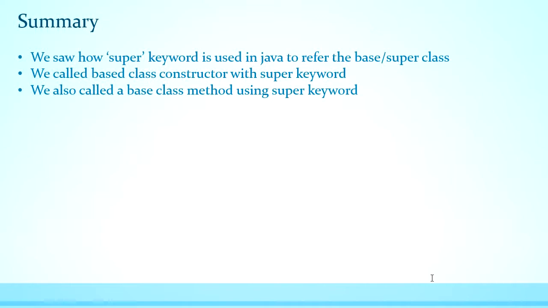So since the error states that the 0 argument constructor, which is defined by the compiler in the base class, was removed by the placement of the new constructor in the base class, either we can add a constructor as we saw in this demo, or we can even provide a default explicit constructor in the derived class.